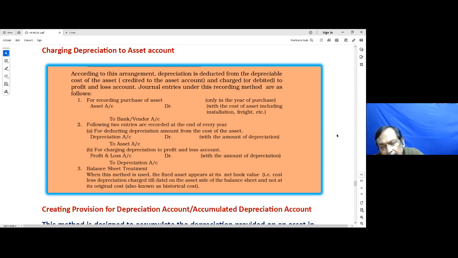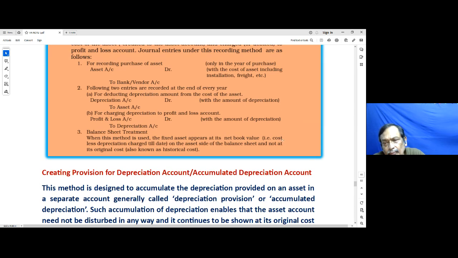In order to prepare the PL account, we are going to transfer the amount of depreciation to the profit and loss account. That is, for charging depreciation to the profit and loss account, the entry will be profit and loss account debit to depreciation with the amount of depreciation. Number 3, balance sheet treatment.